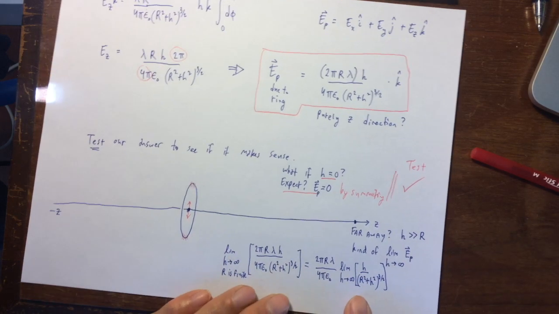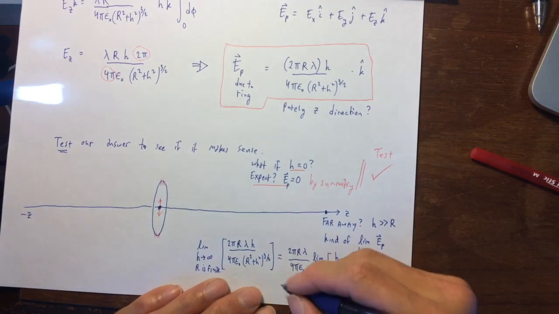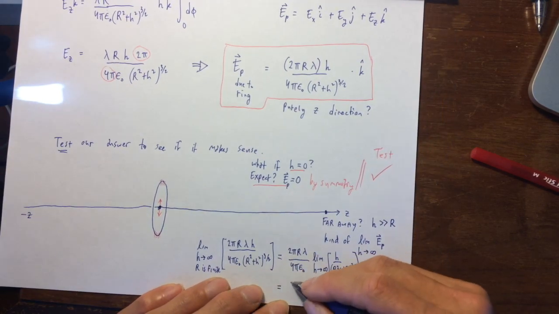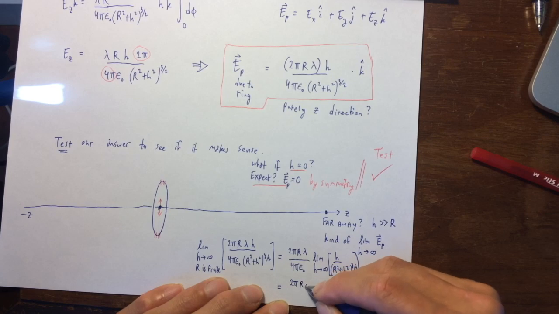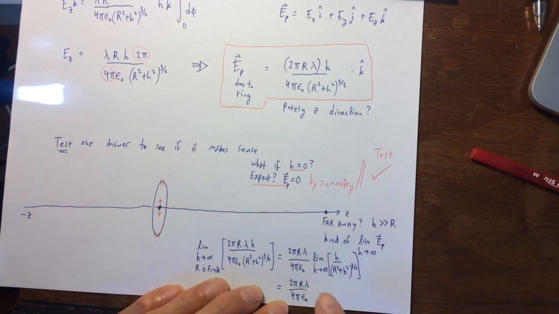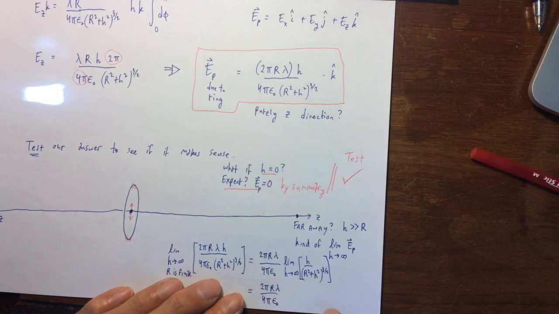If I look at this expression, I hope you can see that what I'm going to get is 2 pi R lambda over 4 pi epsilon naught. And in this limit, check this out, if h is huge and then I square it, compared to a normal-sized, finite value of R squared, h squared just swamps R squared.